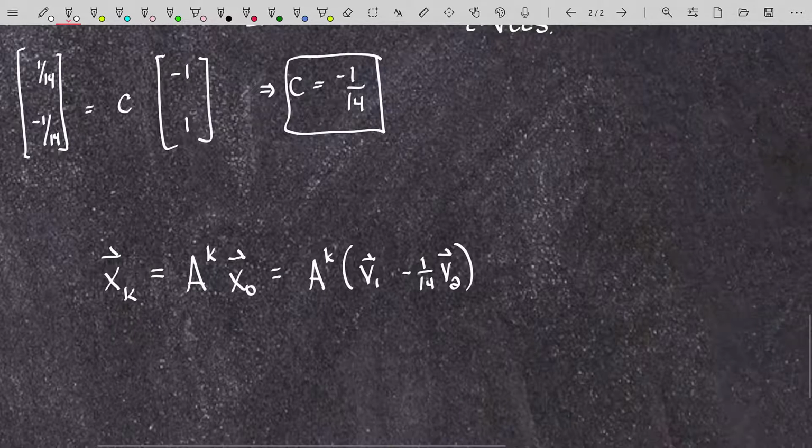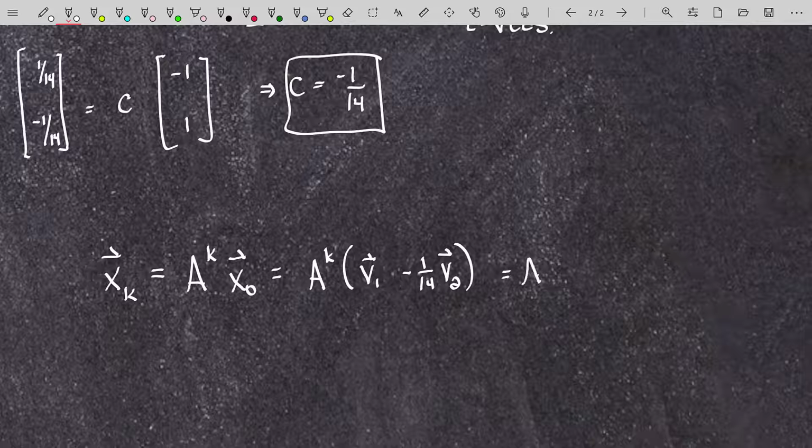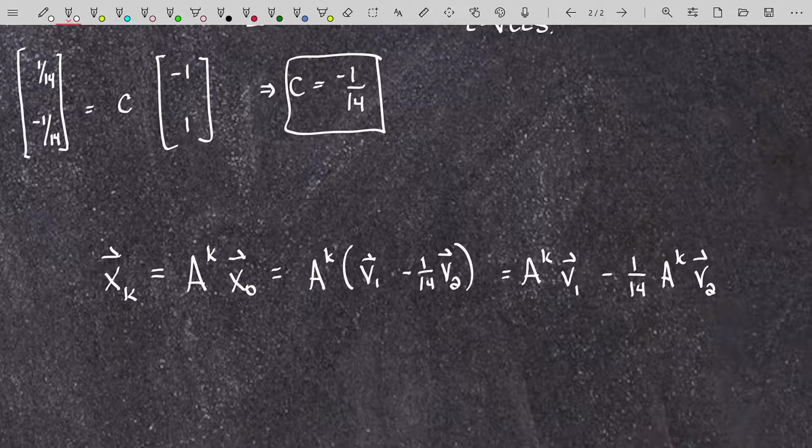You could distribute that A to the k through, A to the k v1 minus 1/14 A to the kth power v sub 2. This is really a very, very important style of problem.